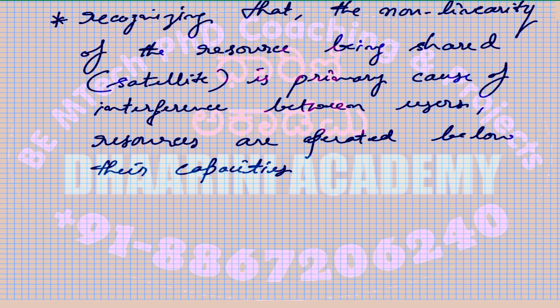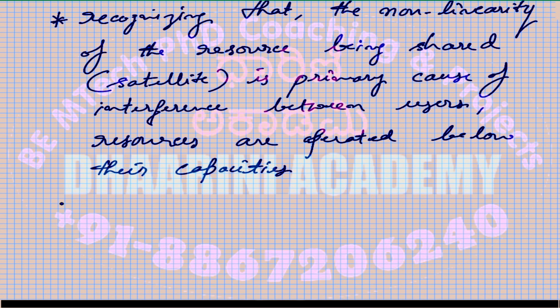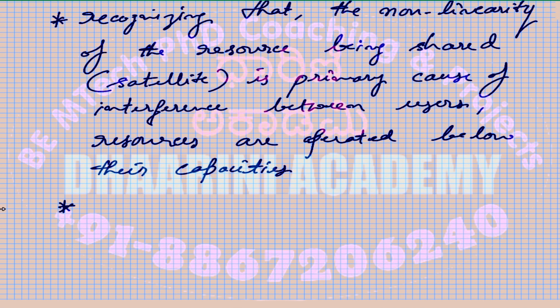So what happens as a consequence? The power efficiency of our FDMA technique will be reduced. Okay, so this is the major problem. Now we are talking about the problems associated with the FDMA technique.